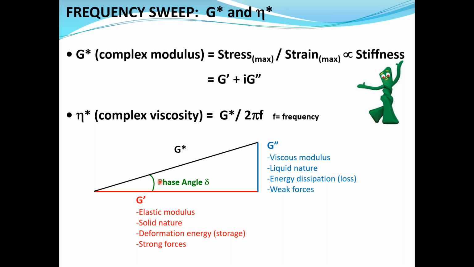And the phase angle could be easily represented as the angle between G prime and the complex modulus G star. And this is just the ratio of the maximum stress over the maximum strain. The important concept here is this complex modulus is a function of stiffness. The complex viscosity is just the complex modulus over the angular frequency. And this actually does correlate pretty well with the viscosity that would be determined from a rotational mode.